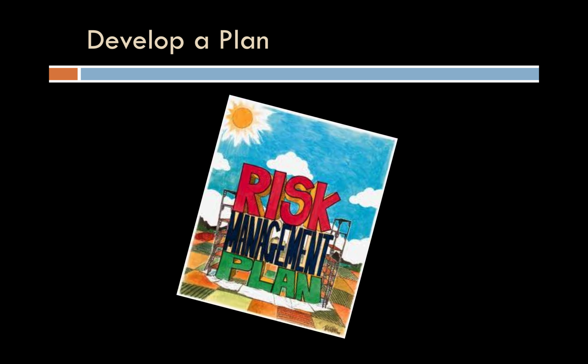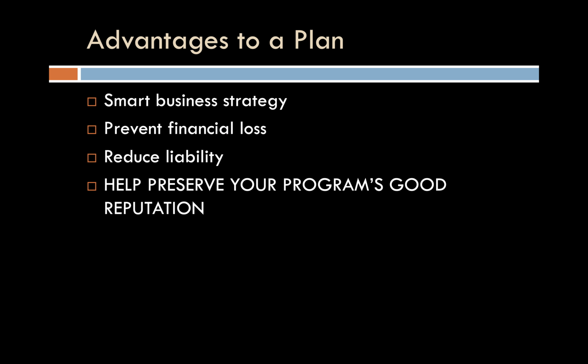And then last but not least, what are some advantages of having a risk management plan? Number one, it's smart business strategy. If you don't plan, it may or may not work out successfully. Like I mentioned before, it worked out for us with the flood, but I think it would have been much better if we had had a plan in place.